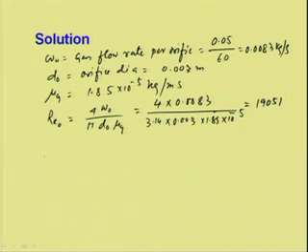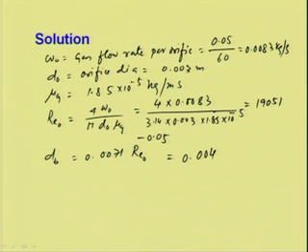So, we can calculate dB, which is equal to 0.0071 Re0 to the power minus 0.05. Putting this Reynolds number, this will be 0.00434 meter. So, the bubble diameter is calculated.